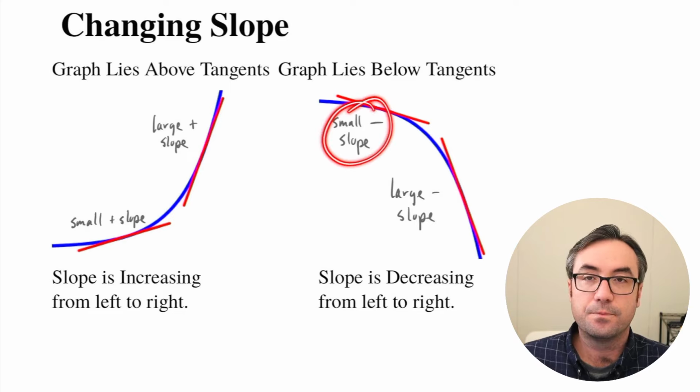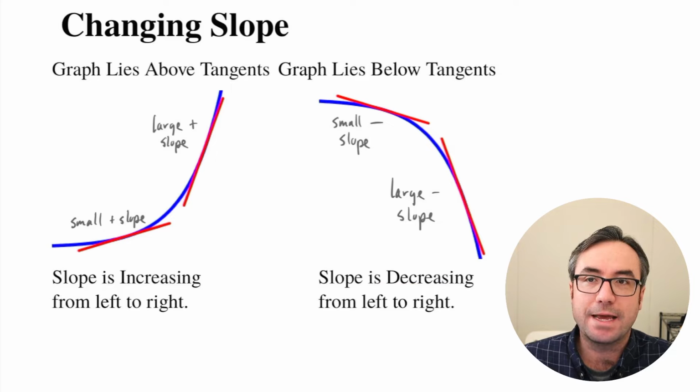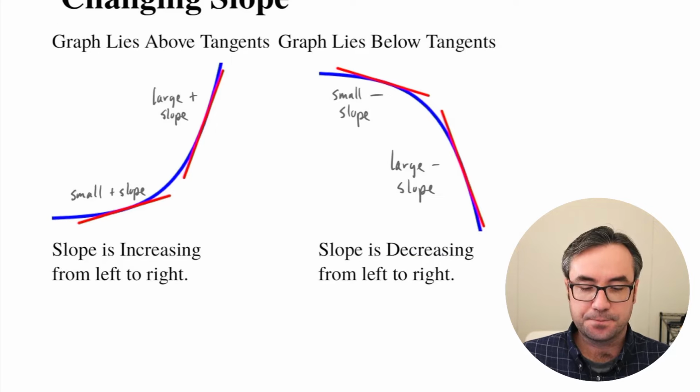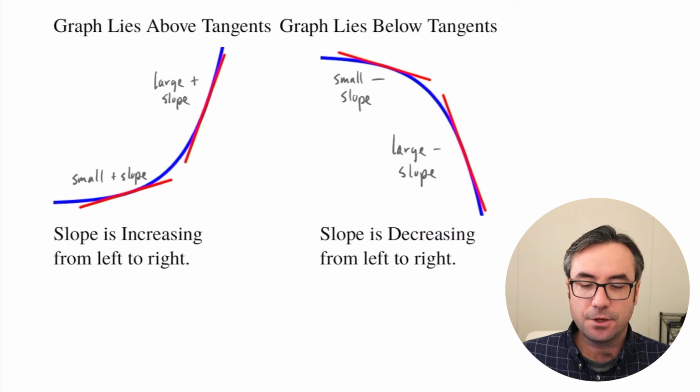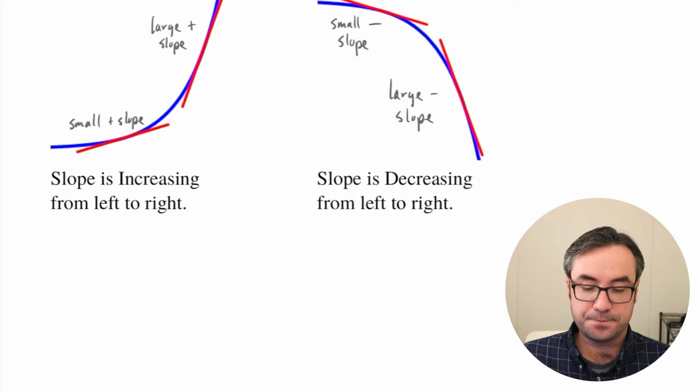So our slope has actually decreased. We've gotten more negative. And so there are two options for what can happen when we look at curves.